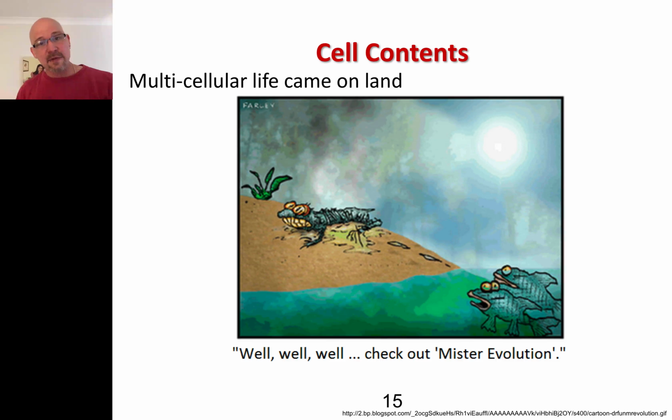So as this evolution happened, as life from the ocean started to move into life on land, it retained its internal environment. It retained the same sort of concentration of ions and anions inside the liposomes, inside the cells, and surrounding the cells. So we took the ocean with us.